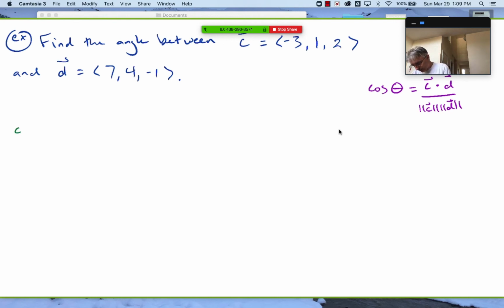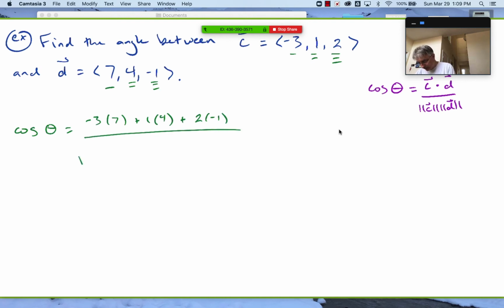So here, cosine theta equals the dot product, so negative 3 times 7, x coordinate times x coordinate, plus 1 times 4, y coordinate times y coordinate, plus 2 times negative 1, z coordinate times z coordinate. And then the magnitude of a three-dimensional vector is going to be negative 3 squared plus 1 squared plus 2 squared, and then times 7 squared plus 4 squared plus quantity negative 1 squared.